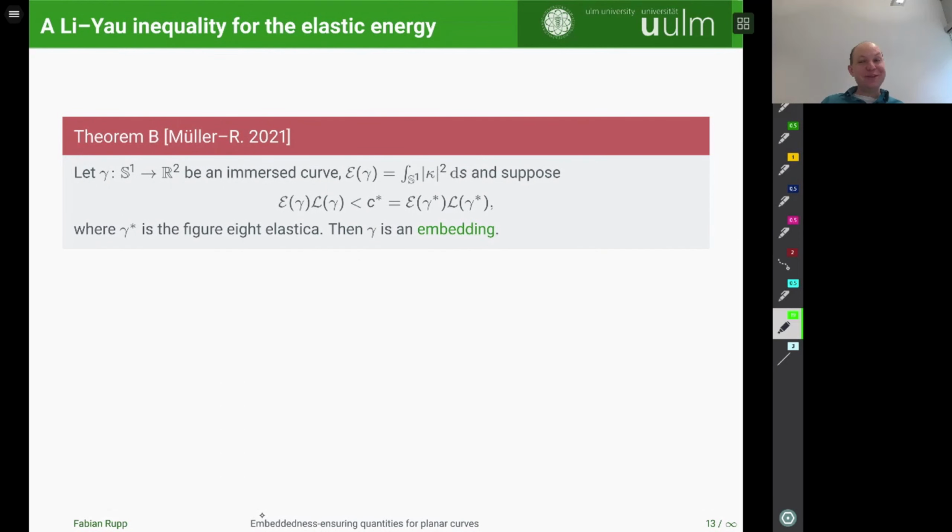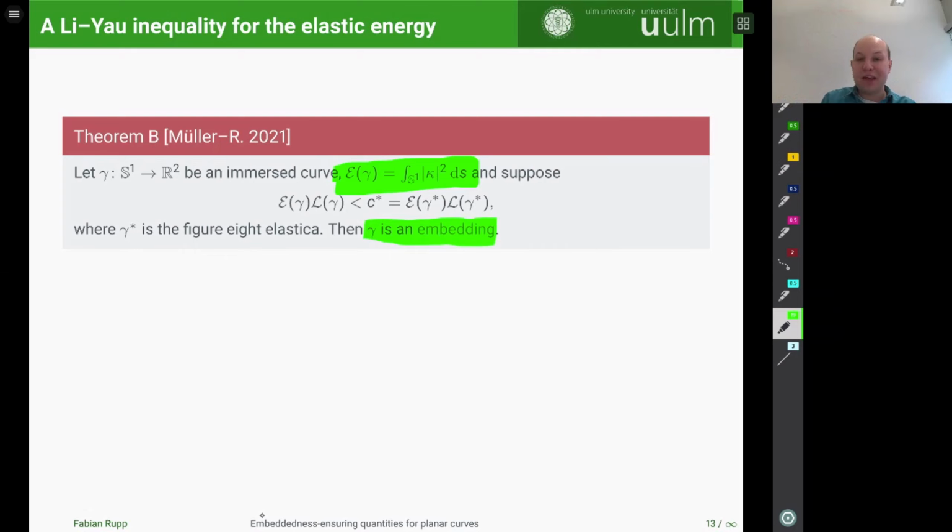Fortunately, there's a positive answer for the elastic energy. So if we take an immersed curve gamma and we define its elastic energy by the L2 integral of the curvature, and if we now assume that the elastic energy multiplied with the arc length is below some critical threshold C star, then gamma is an embedding, and the threshold can be explicitly characterized.